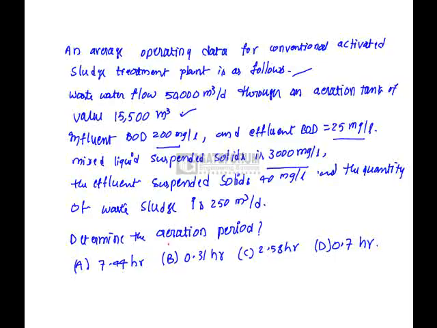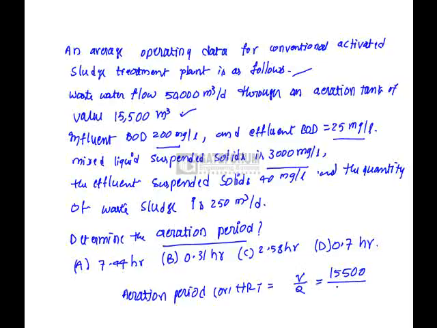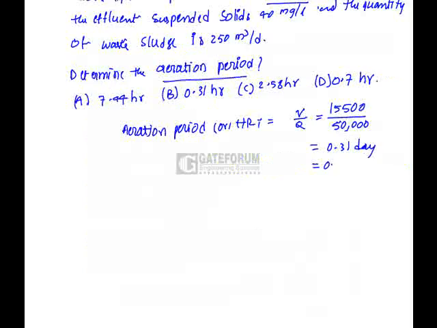So we have to find out the aeration period. Aeration period or HRT is equal to volume by discharge, that is volume 15,500 cubic meters by wastewater flow 50,000 cubic meters per day, that is 0.31 days. The options are in terms of hours, so converting days into hours, that is 7.44 hours. So option A is correct.